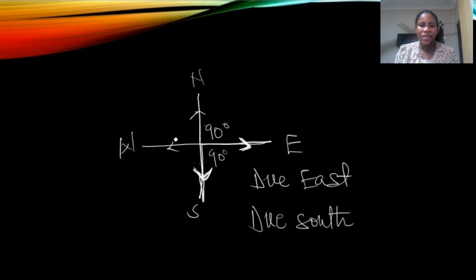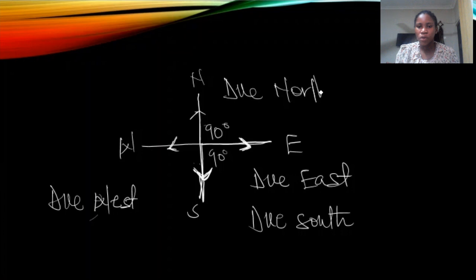So when a vector is lying directly on a cardinal point, that's either north, east, south, or west, you just represent it as due east, or due west. So something like this, due west. And for here, due north.